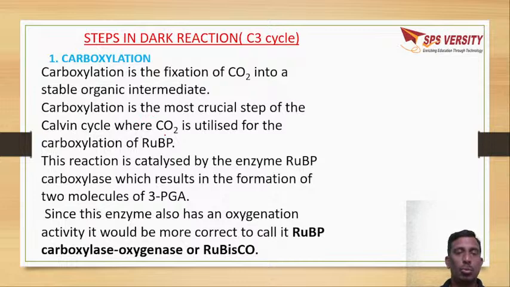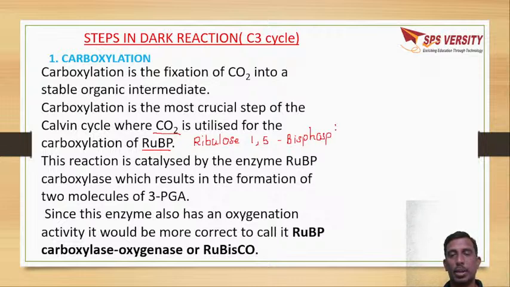So this CO2 combines with a 5 carbon compound, इसका नाम RUBP। So RUBP का expanded form ribulose 1,5-bisphosphate। 5 कार्बन का कंपाउंड है और रिबुलोस 1,5-bisphosphate। इसमें 2 फॉस्फेट्स रहता, 1 on first carbon and 1 on 5th carbon.